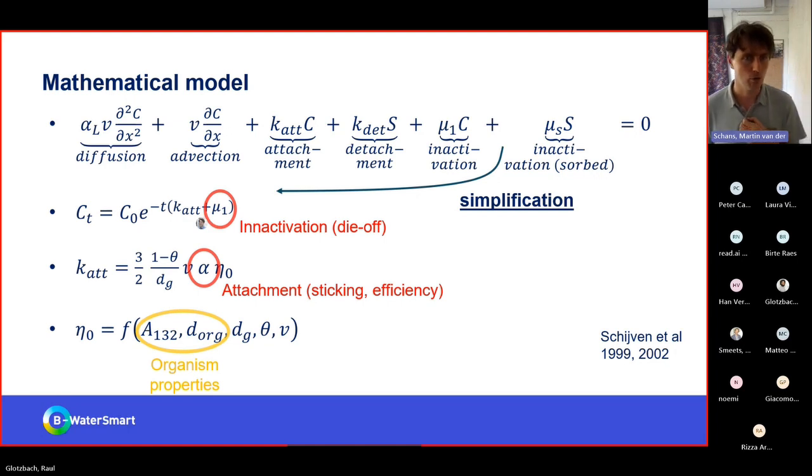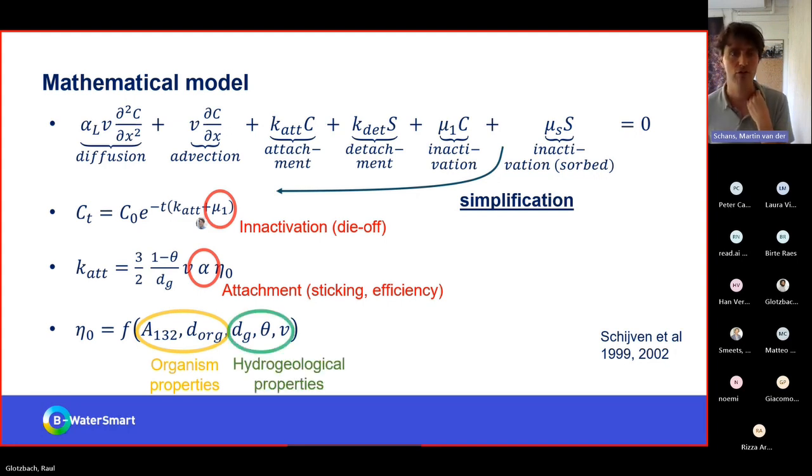You need to know some organism properties, the diameter and the Hamaker constant, and some hydrogeological properties. So basically you need to know in total 7 parameters to be able to do a prediction. And the focus of this tool is estimating the inactivation and the attachment.